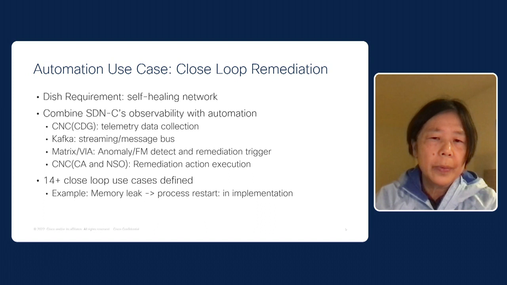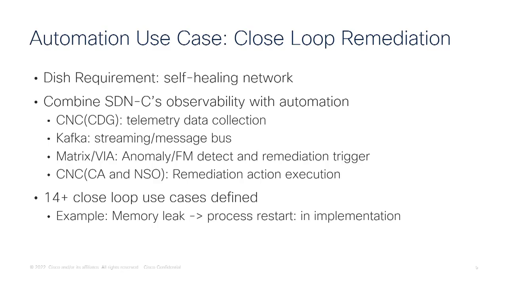At a high level, for closed loop we use CDG again as telemetry data collection, and then we use Kafka as a messaging bus, and Matrix Virtual does the anomaly detection and AI ops to decide in what case we should trigger a remediation. Once it triggers, the action is performed through CNC's CA change automation or NSO. That's where each component plays.